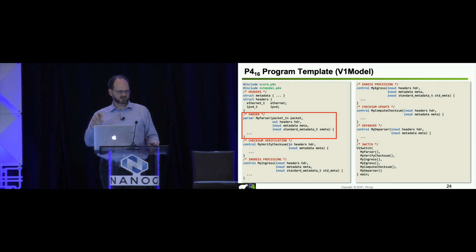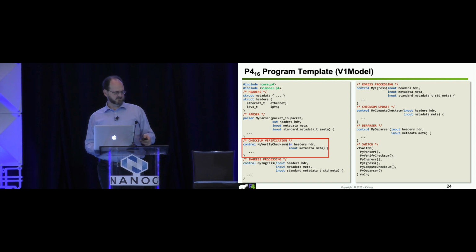In that metadata struct, you can add or remove user-defined fields all you want, but don't actually remove the metadata type, just what's inside of it. And then the standard metadata one is the one that I showed you that is predefined for this architecture. So don't change these parameters other than to customize the headers and the metadata types for your particular use case. Just leave the parameters of these things as they are.